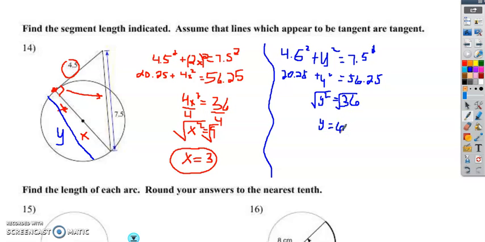Now, that is not my final answer. That's the total distance. So if the whole diameter was equal to 6, then each one of these radii has to be equal to 3, because 3 plus 3 is going to be 6. And remember, this was the piece that they asked us to find.